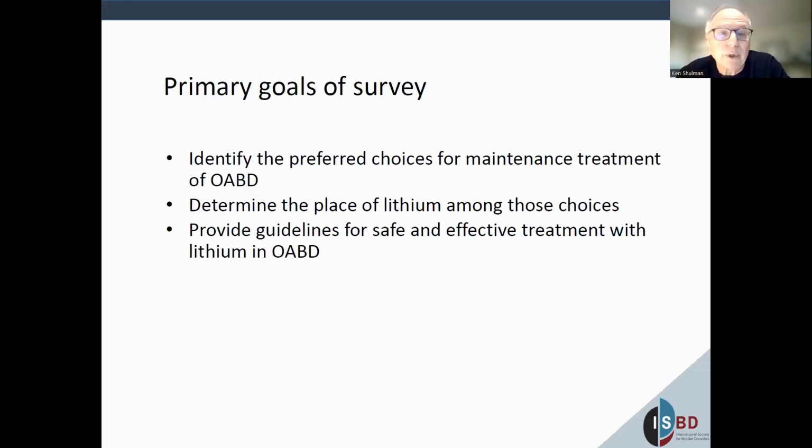The goals of our survey were to identify the preferred choices for maintenance treatment of older adults, to determine where lithium fits in among those choices, and to try to provide some guidelines for the safe and effective use of lithium, knowing what we know about the unique features of lithium in older adults.